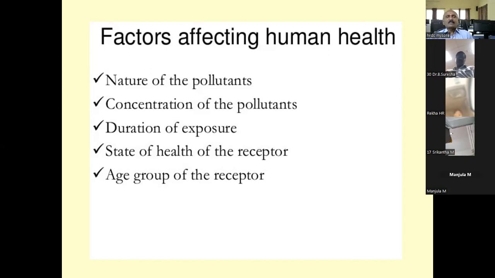So, what is the nature of the pollutant? Is it a physical, chemical or biological pollutant? That is the one which is going to influence human health.